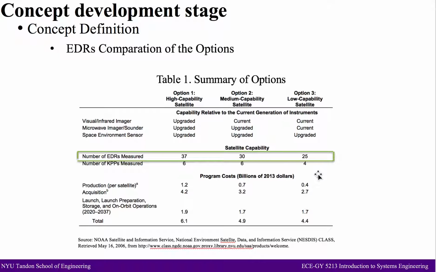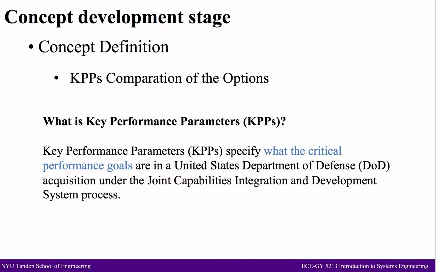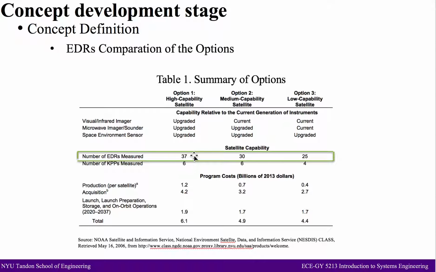And the huge problem for option 3 is that it cannot contain the other two KPPs that are also needed for the endpoint system. But the other options, option 1 and option 2, can contain those 6 important parameters. So in this case, people usually want to choose option 1 or option 2.